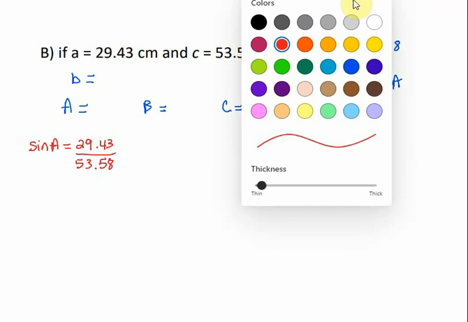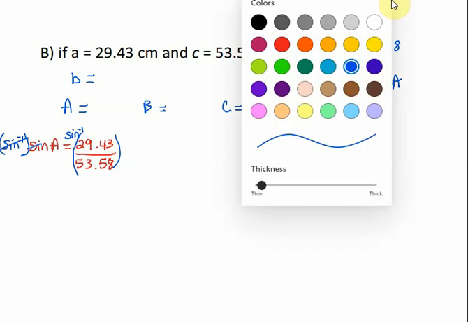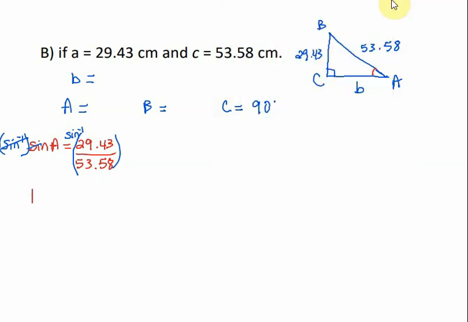So sine inverse, we talked about this in the last lesson, is written like that, and it's on your calculator. So we're just going to take the sine inverse of both sides, which would cancel out sine, and that leaves me with A is equal to sine inverse of 29.43 over 53.58.